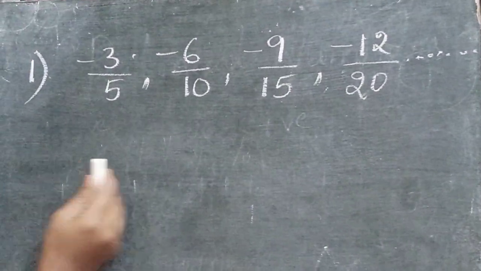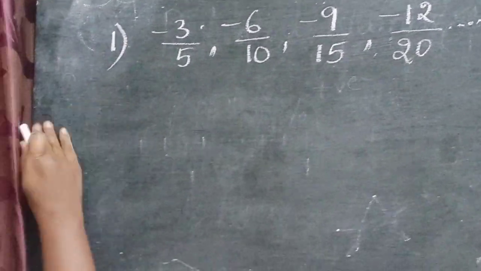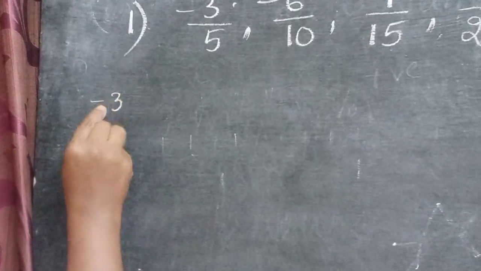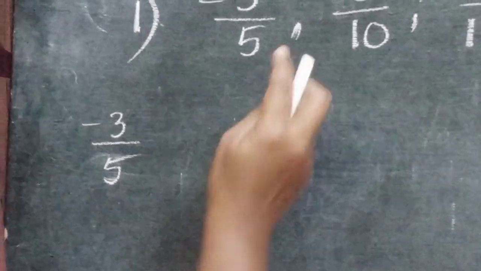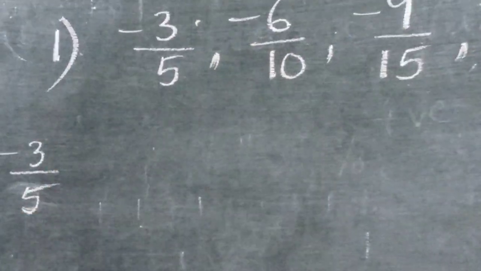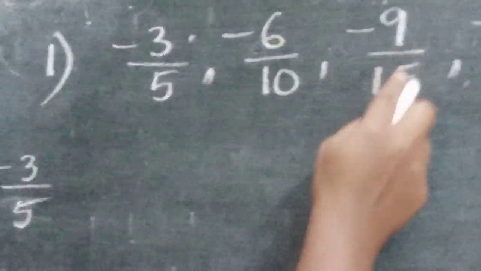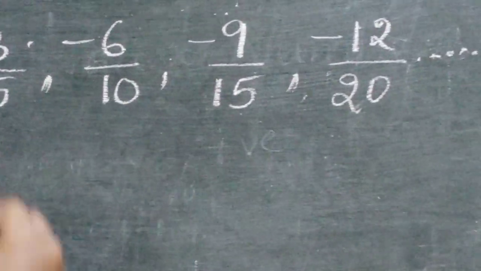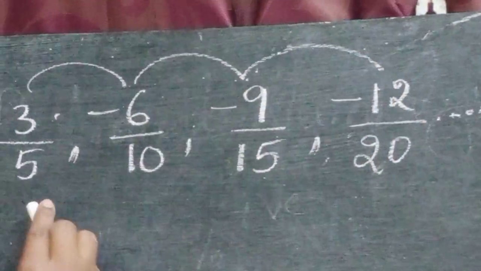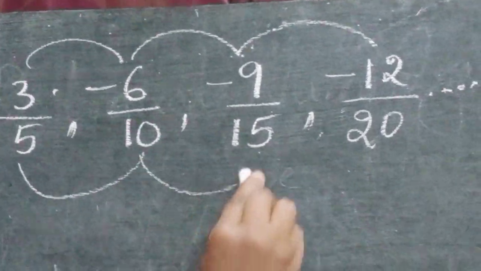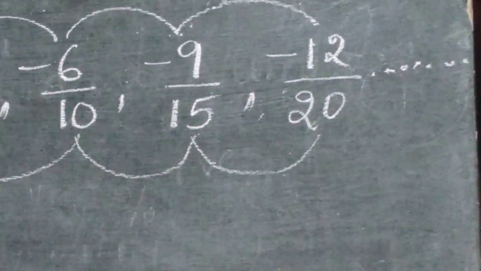See, look at this now. First one, -3/5. If you observe properly, the next one is -6/10, and the next one is -9/15. So here you observe 3 and 6, 6 and 9, 9 and 12; 5, 10, 10, 15, 15 and 20.